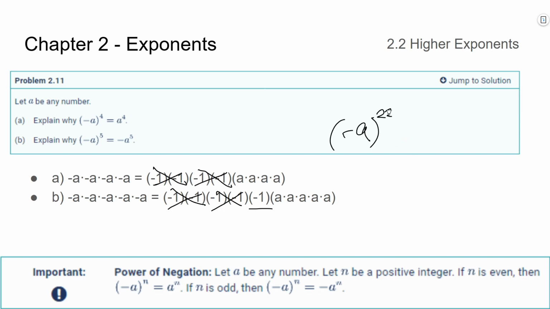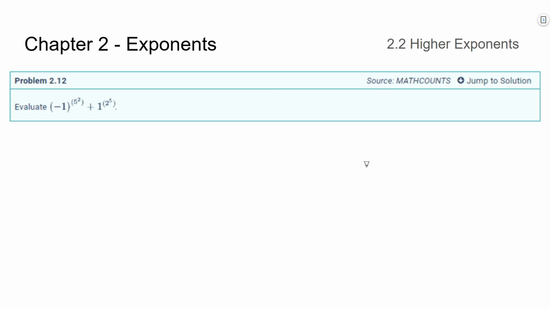But if we had negative a to the 23rd, we know that's going to give us a negative, because it's an odd number. I like to remember that just by thinking about squared, because squared is the easiest to remember, because we know that a negative times a negative is a positive. So we know that squared is going to give us a positive number. So that's a good reminder that all even numbers will give us a positive number.